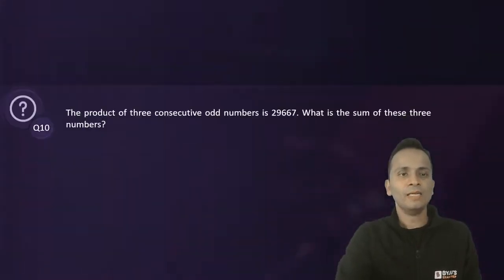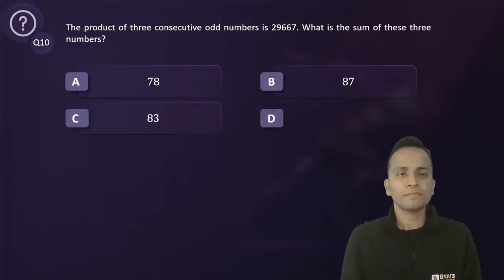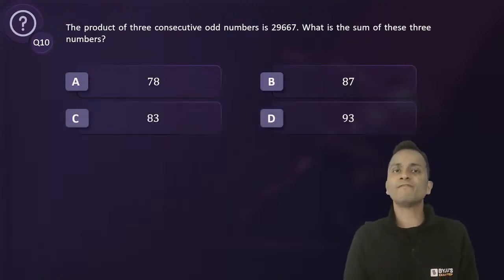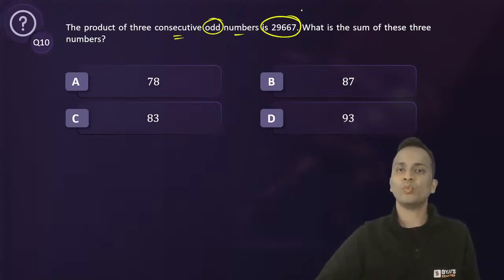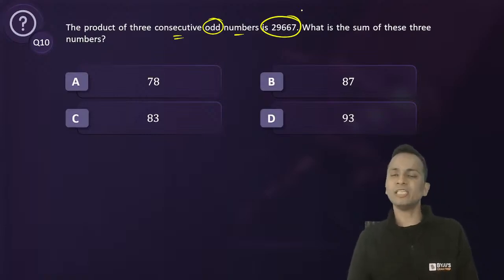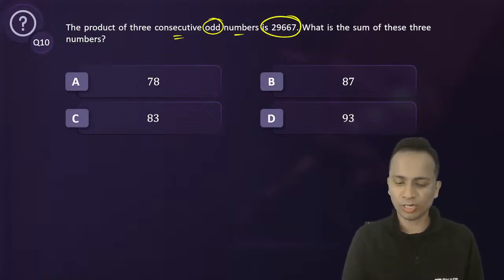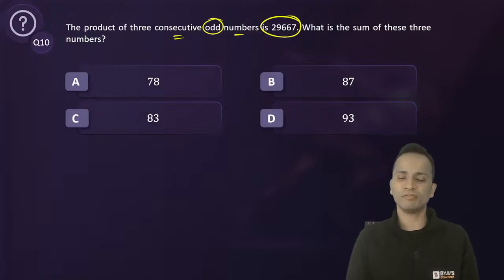Good. Next question, question number 10. The product of three consecutive odd numbers, important, consecutive odd numbers is this. What is the sum of these three numbers? So product of three consecutive odd numbers is given. You need to find out the sum of these numbers.